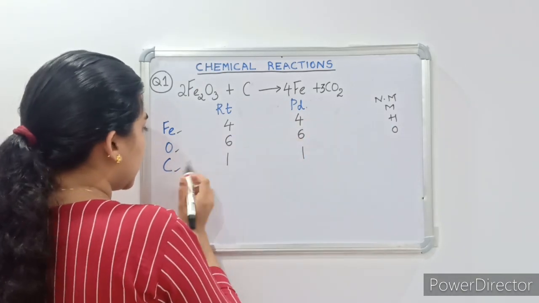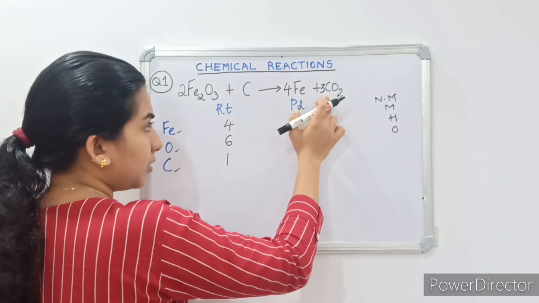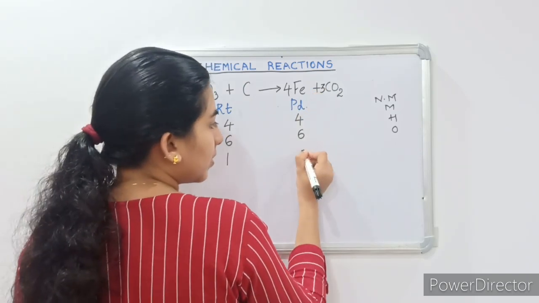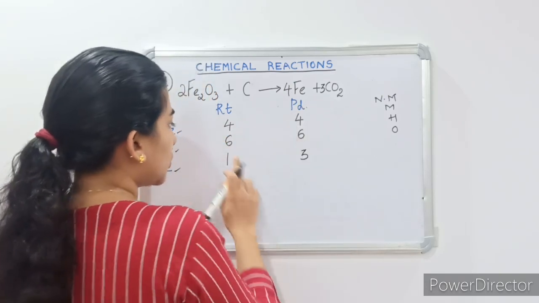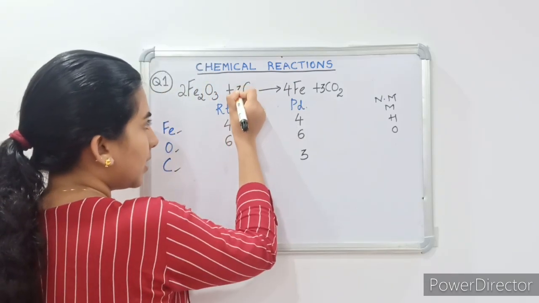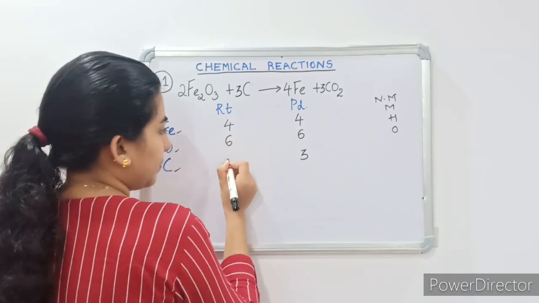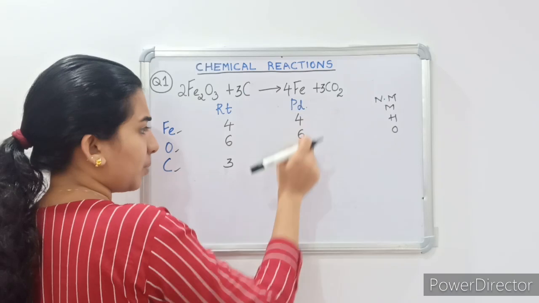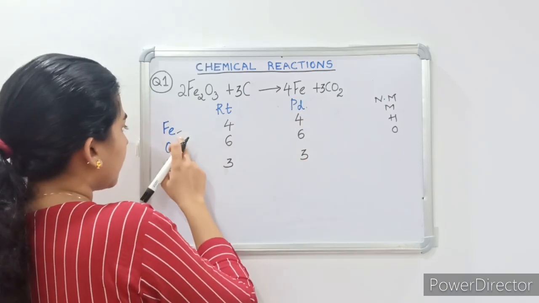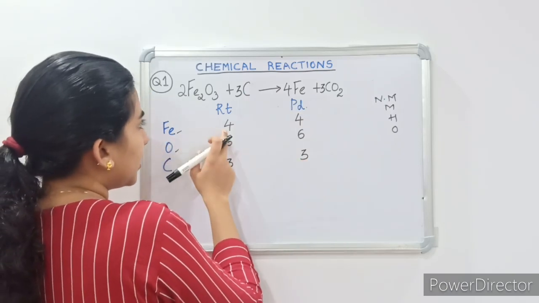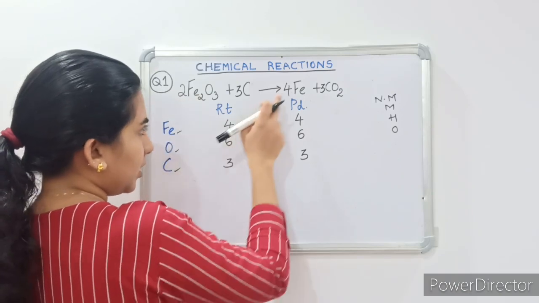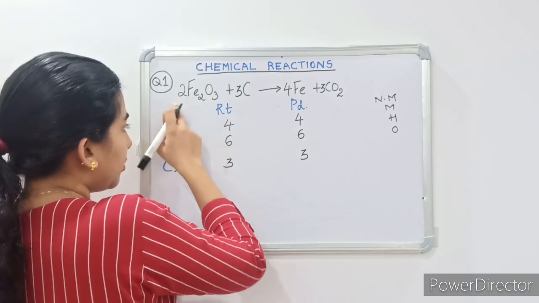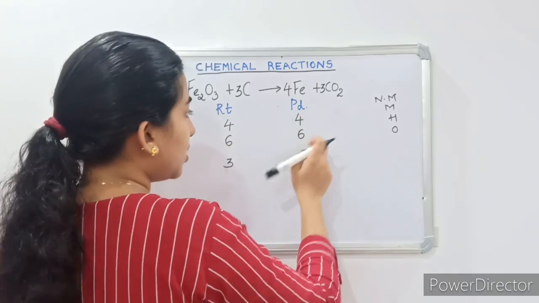Considering the non-metal carbon, 1 on the reactant side, here it is 3 on the product side. So, to balance this, 3 carbon on the reactant side and 3 carbon on the product side. Next Fe, it is 2 into 2, 4 on the reactant side, 4 on the product side. Next oxygen, 3 into 2, 6 on the reactant side, 3 into 2, 6 on the product side.